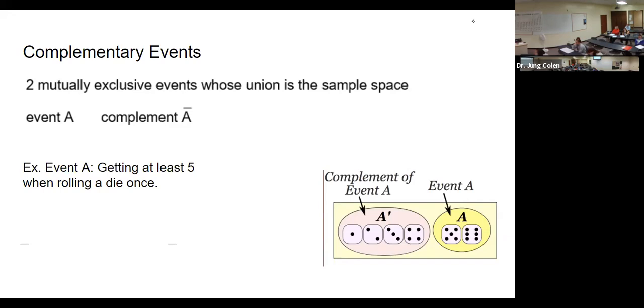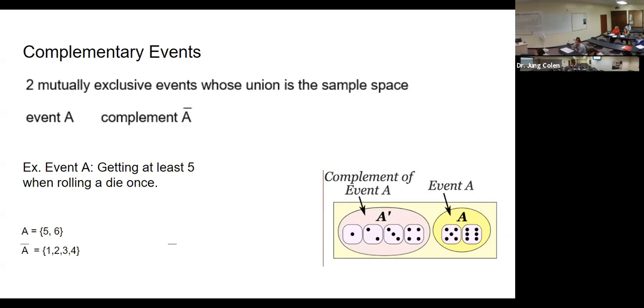But if you have the complement and the event together, it should be the same as the sample space, which is 100%. So if event A's probability is P, the other part should be 100% minus that, or 1 minus the probability of event A, right? Okay, so that's what it means.